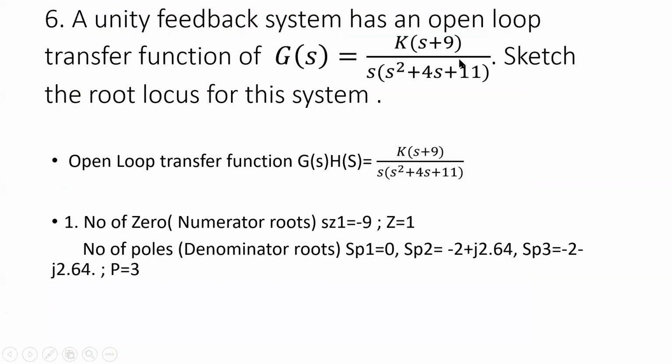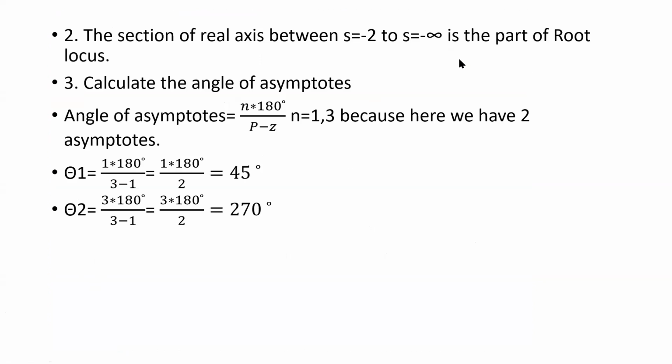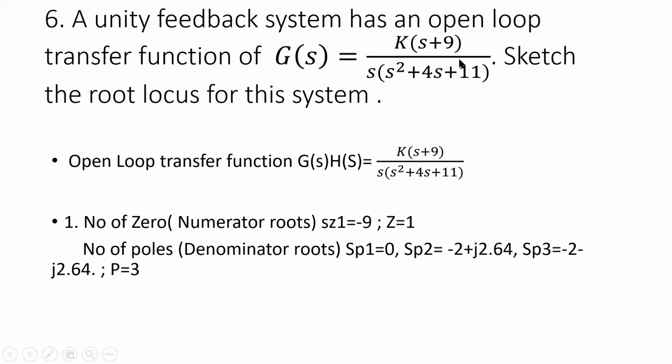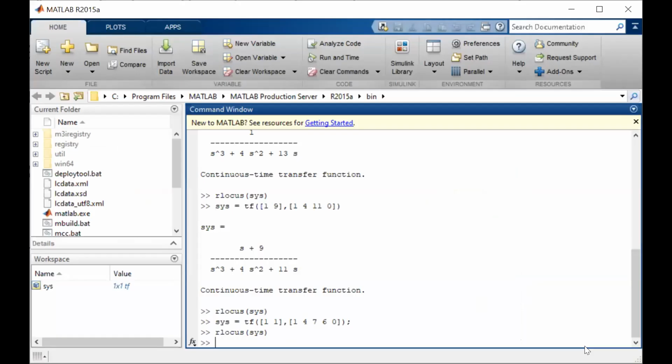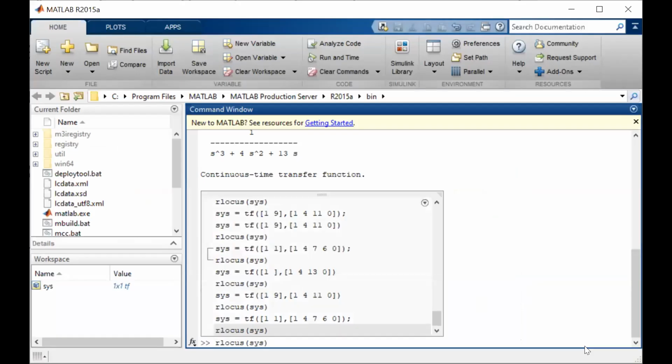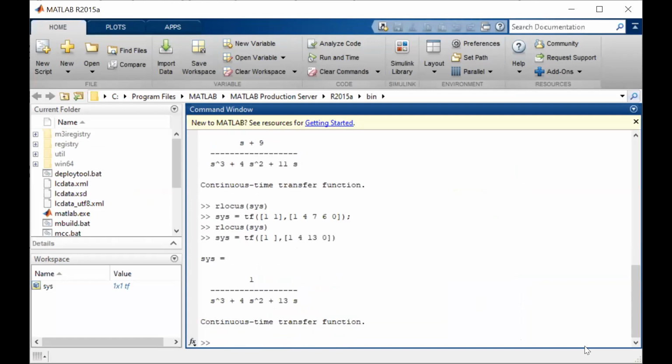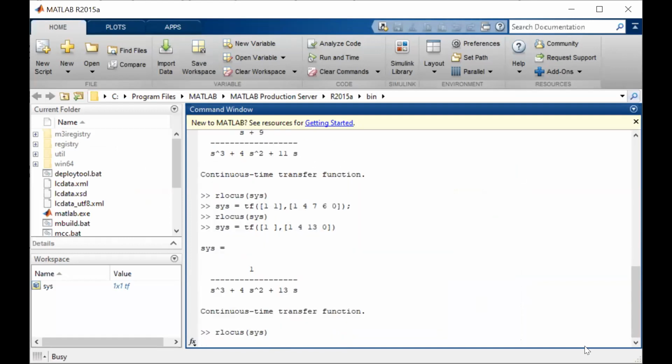Before going to the next problem, we will just go back to MATLAB and see how we can find the root locus.